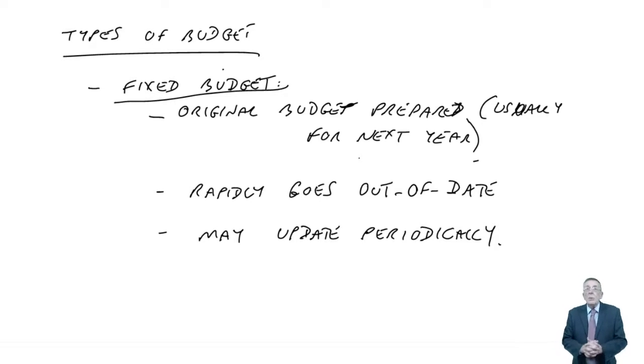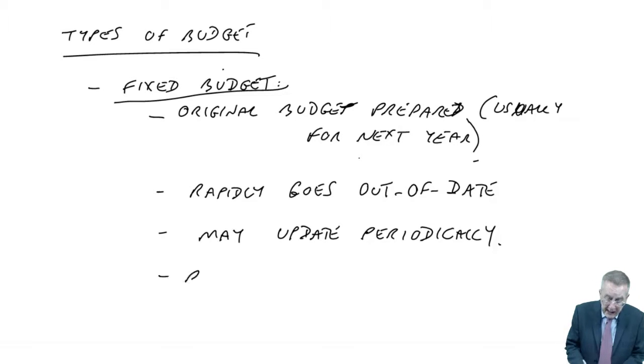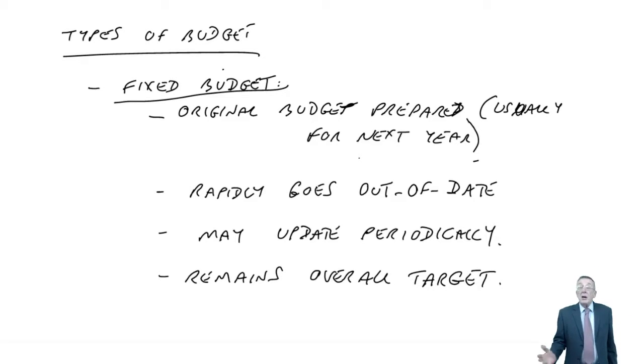And whatever goes wrong, we'll still be looking for ways of achieving the 50,000. And so this does remain the overall target. So we call that the fixed budget.